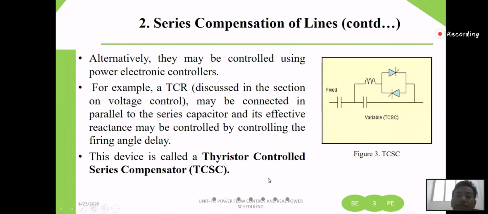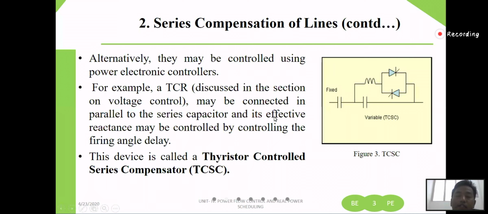And then the series compensation can be modified into TCSC, the thyristor controlled series capacitor compensator. All the characteristic waveforms you will learn in power electronics application, but here we have seen how this device TCSC can control the power flow.